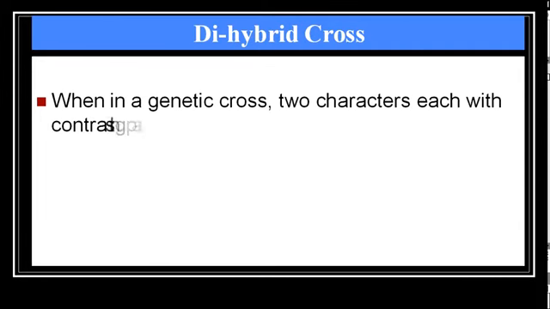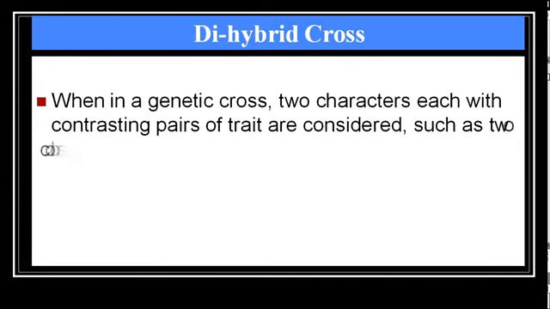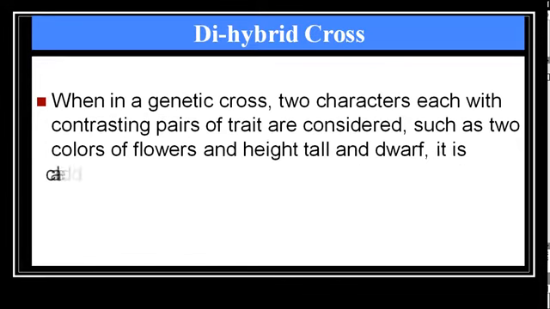In a genetic cross, two characters are taken, each with a contrasting pair of traits, and their results in F1 and F2 are discussed. Because of the two characters, it is called dihybrid cross.